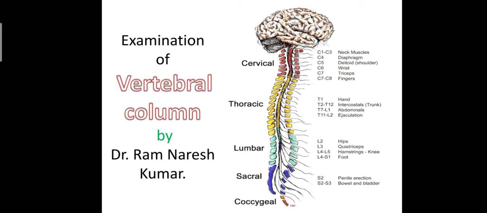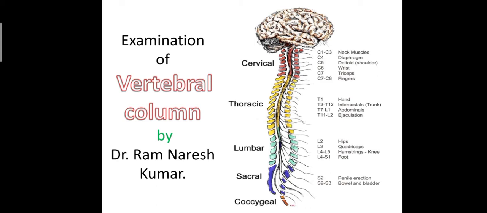Because of its mobility, the cervical spine is more prone to injury, while the thoracic spine is commonly involved in diseases like tuberculosis. The lumbar spine is more movable and prone to degenerative diseases, particularly disc slip.